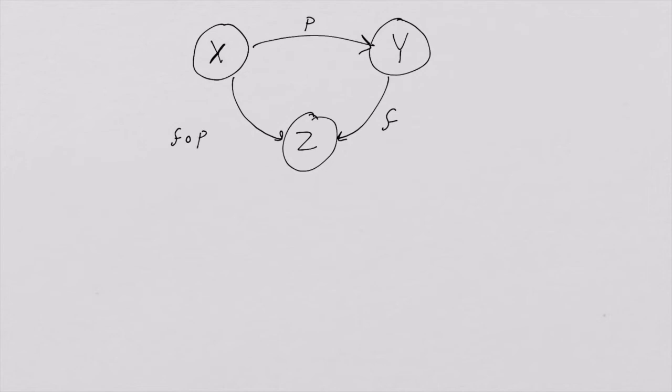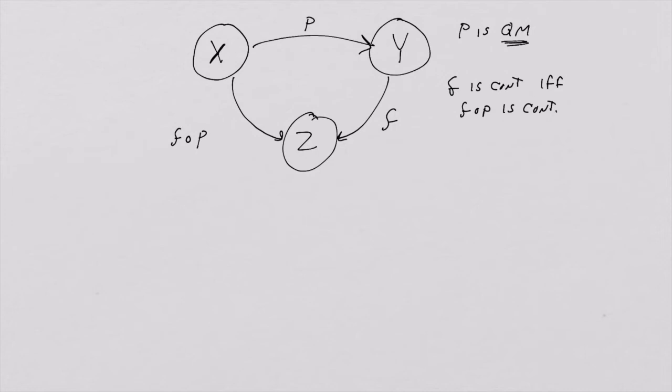So there's a universal property that when P is a quotient map, we can establish this interesting property that F is continuous if and only if F after P is continuous.